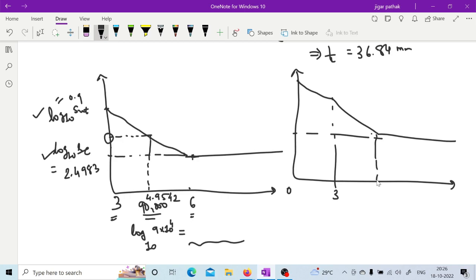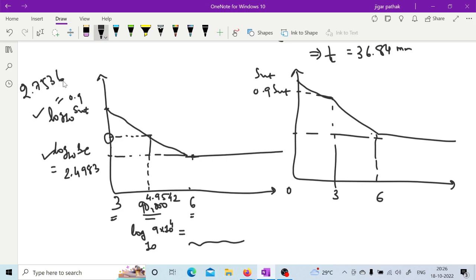So at 3 you consider 0.9 SUT, and at 6 you consider SE. So log 10 of 0.9 SUT is 2.7536.